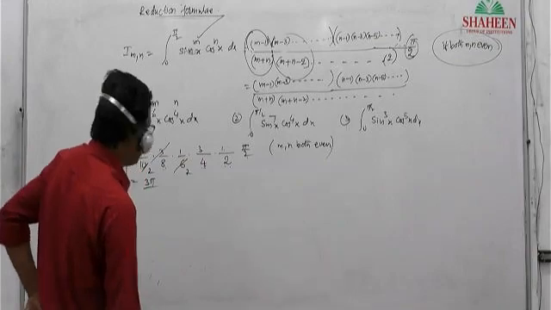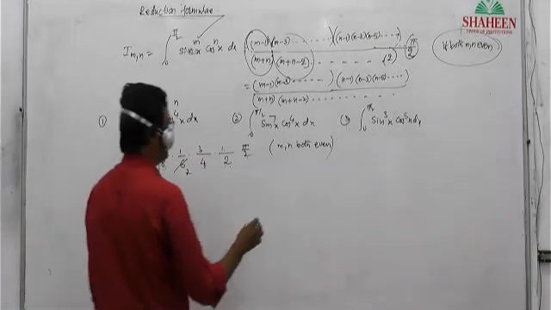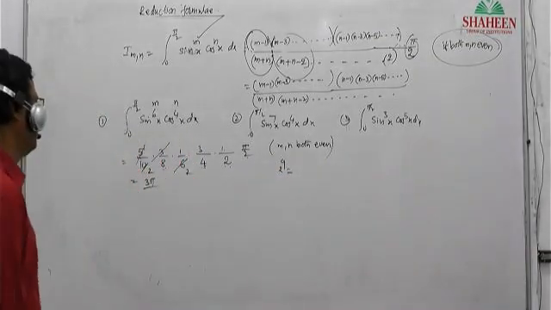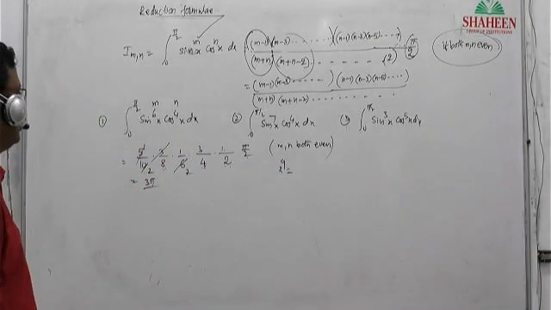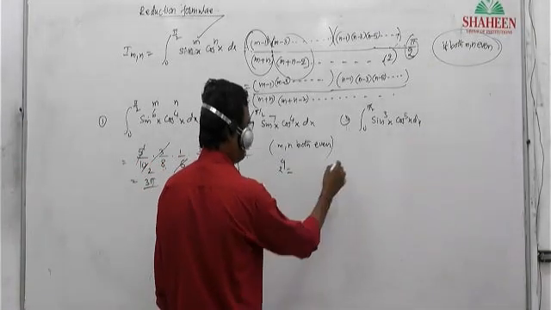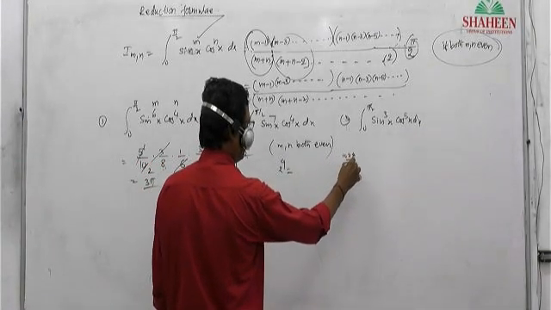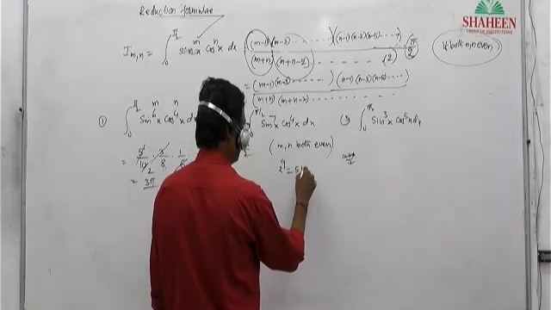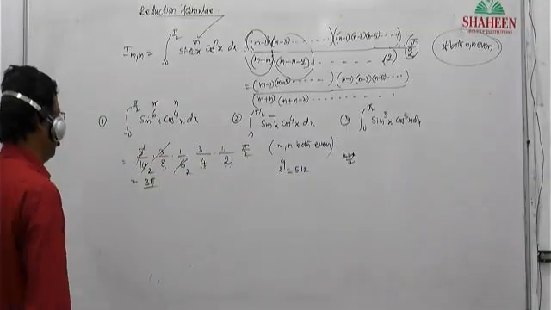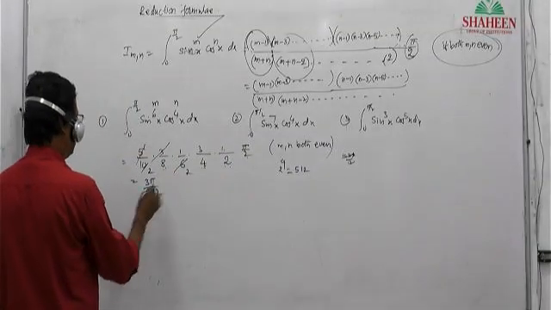What is 2 power 9? 2 power 9 is what? 1024 by 2. 512. 512, 512. This is the one answer.